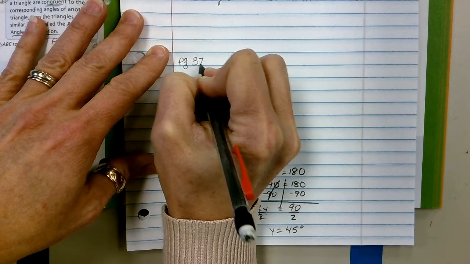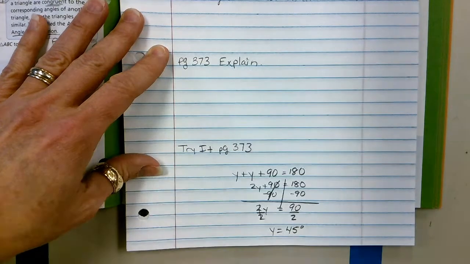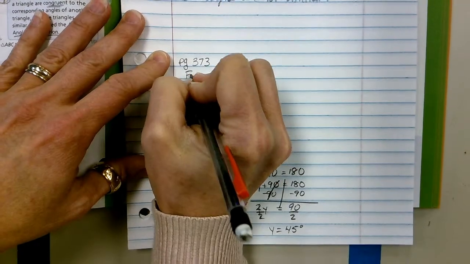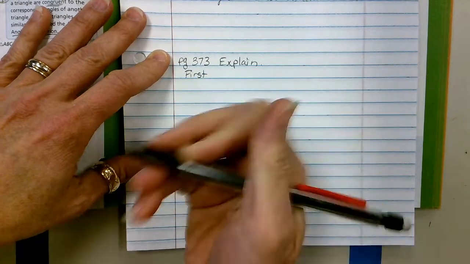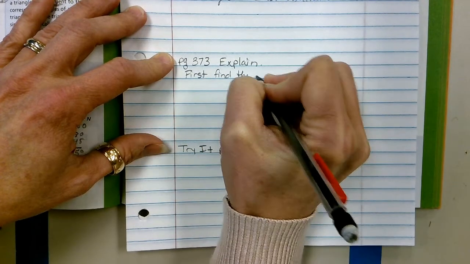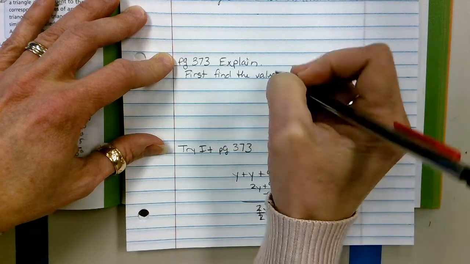Page 373, explain. So, first you find the value. I'm just writing what I did. First, find the value of the two angles that are equal.